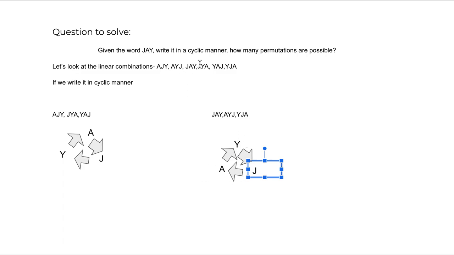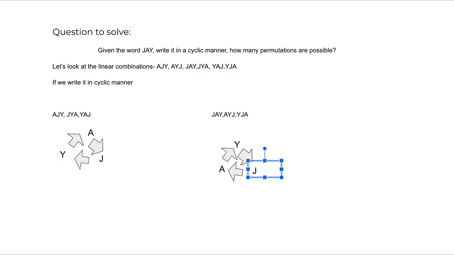Now I want to write JYA. So this one already had it in it. YAJ would also be handled by this particular circular permutation, and YJA would also be handled by YJA right here. So as you see, we had 6 linear permutations, and we are just allowed 2 different permutations that handle all the 6 of them.